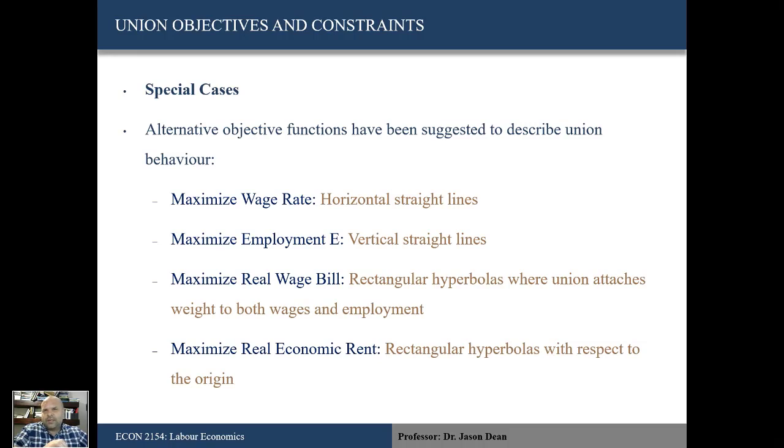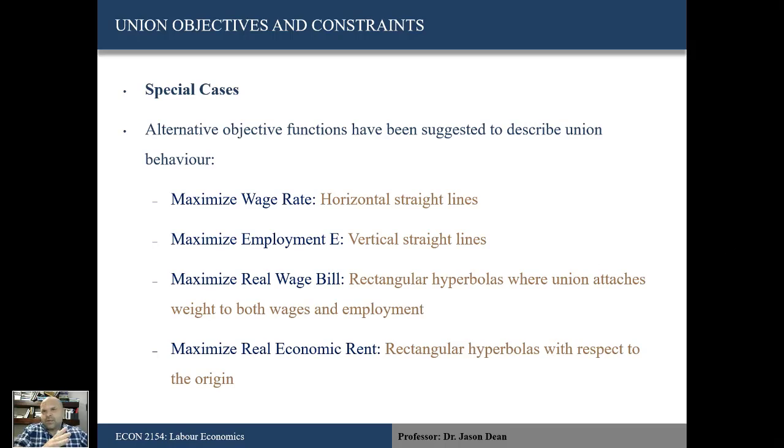One of the real disadvantages of this objective is that it ignores the alternative wage. So in certain situations, you could have the wage being very low and then very large employment, and it could be the case that that would end up maximizing the total labor income. But the problem is that no workers would want to work for this firm if the wage was less than the alternative wage.